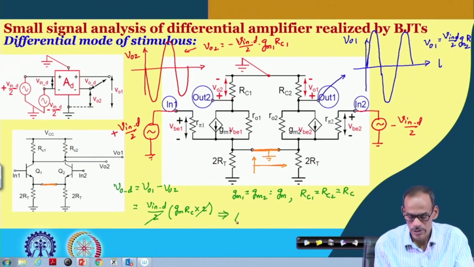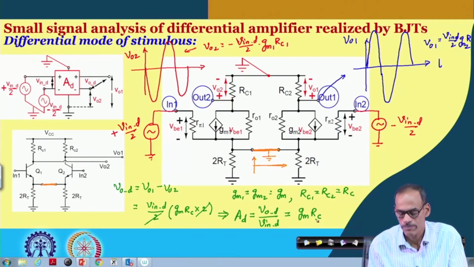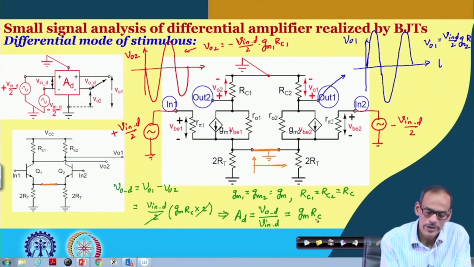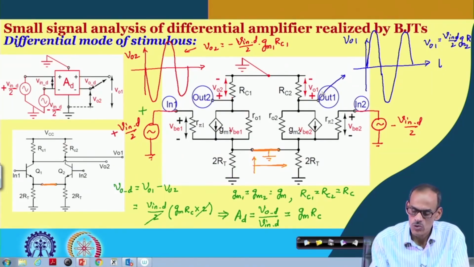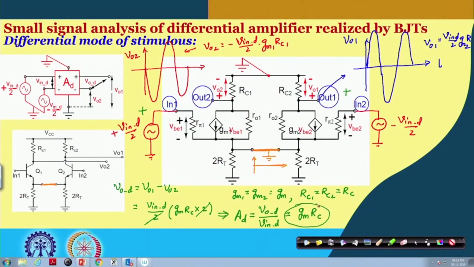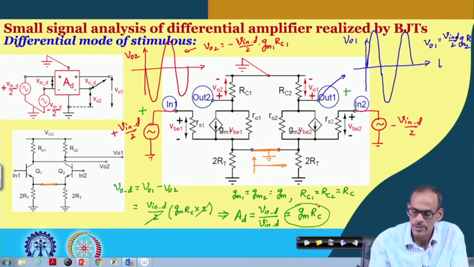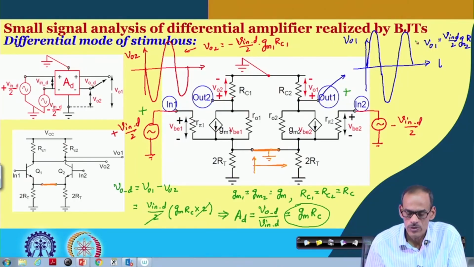That gives us the differential mode gain expression, which is defined as VOD divided by V in D, equal to GM into RC, right. Note that our polarity convention helps us avoid this minus sign; otherwise its gain is the same as the common emitter amplifier.